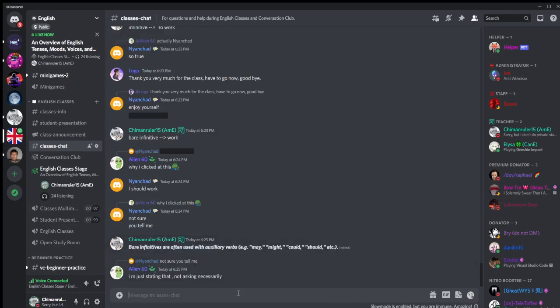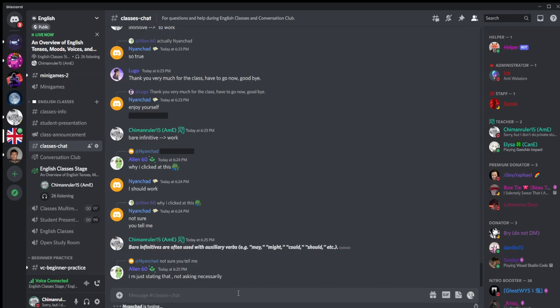So yeah, bare infinitives are often used with auxiliary verbs. And there are other auxiliary verbs, like these are just for examples. So you could have will, would, stuff like that.